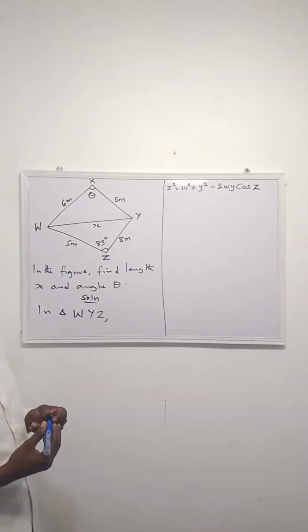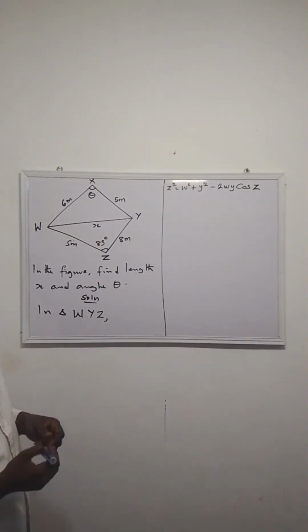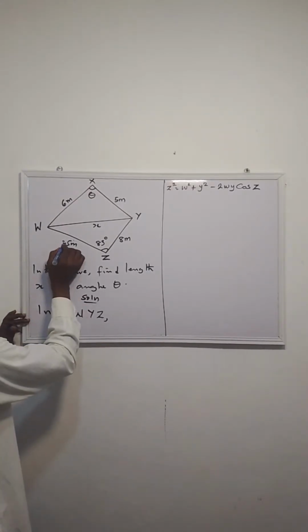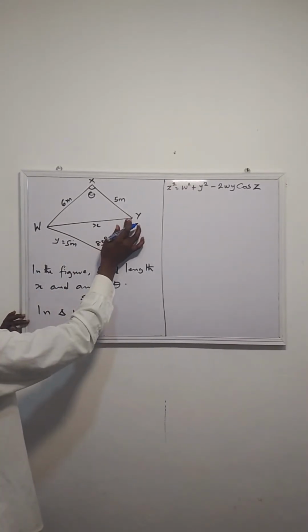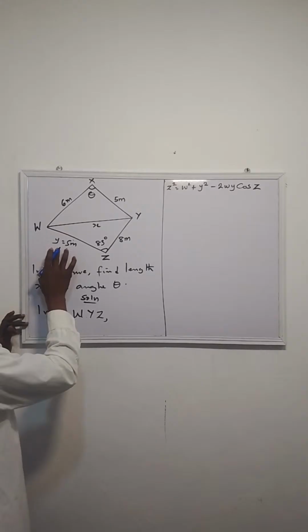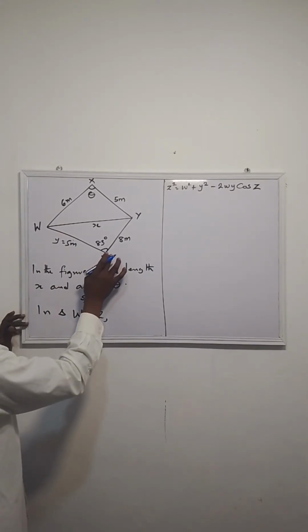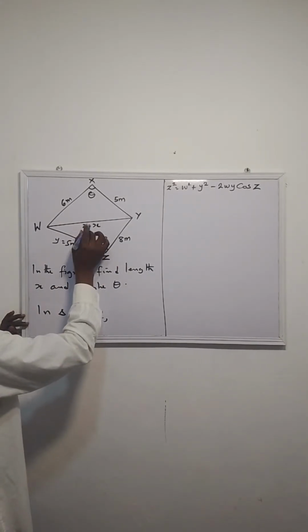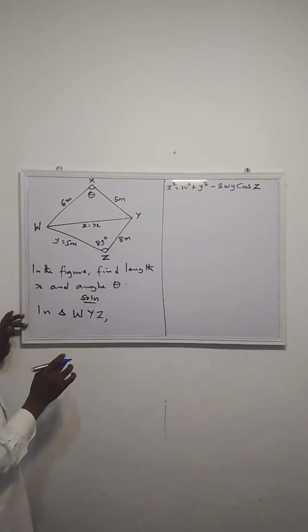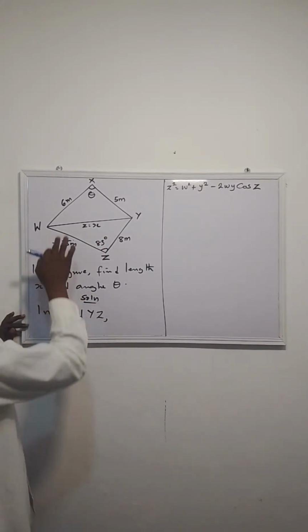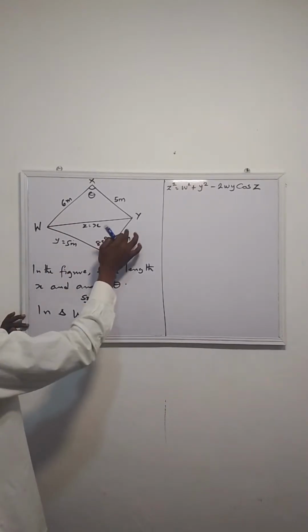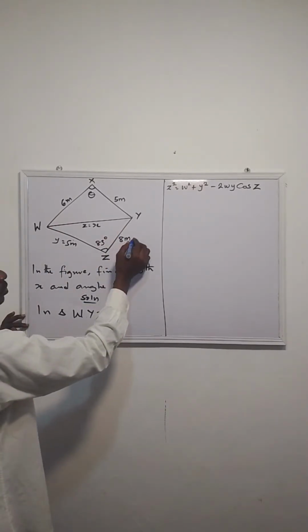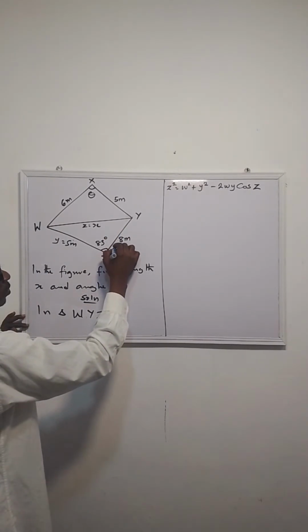That's going to be the formula we're going to use, because this side here is y, this angle is y, so this is going to be side y. This is angle z, so z equals x. Now look at angle w, this is going to be side w.